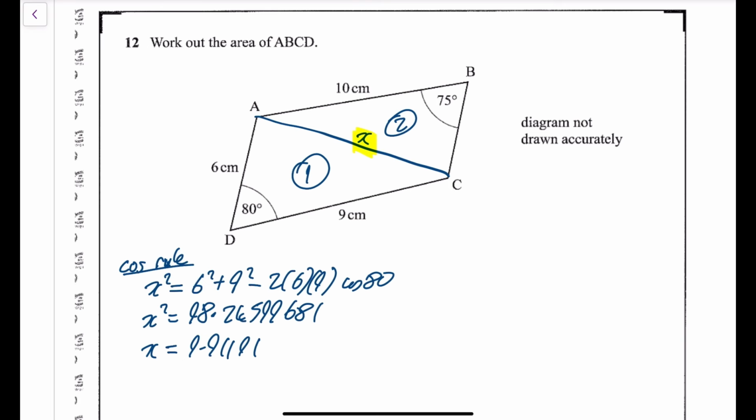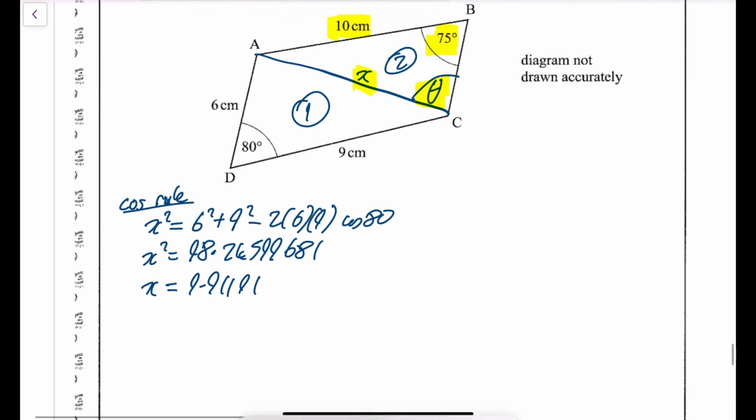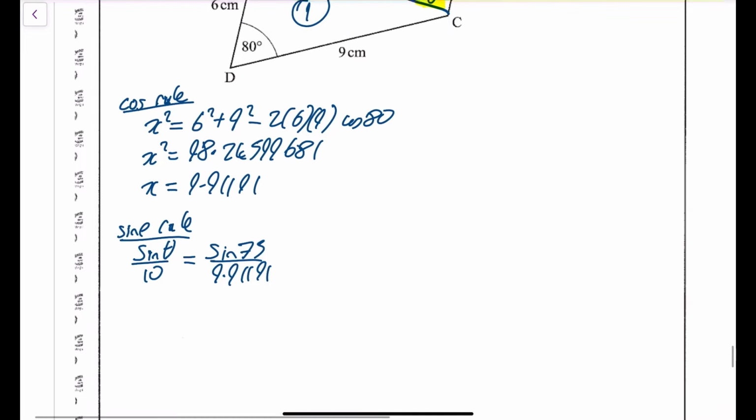I can now use the sine rule in the second triangle because I've got a side and its opposite angle, and another side and the opposite angle, which I'm trying to find. I'll call this angle theta. So sine theta over its opposite side, which is 10, is equal to sine 75 over its opposite side, 9.91191.